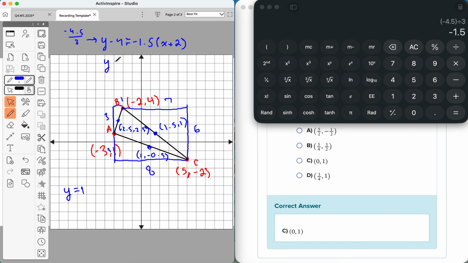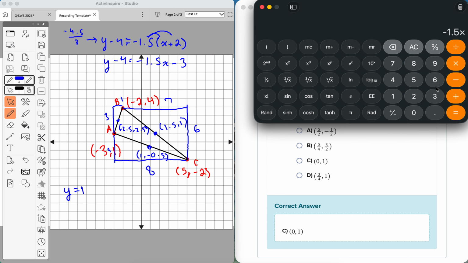I'll distribute on the right side. I'll get negative 1.5x minus 3, confirming.